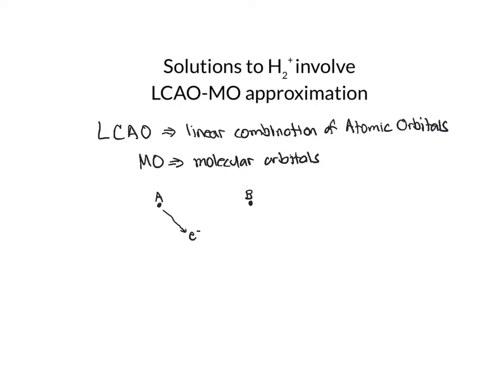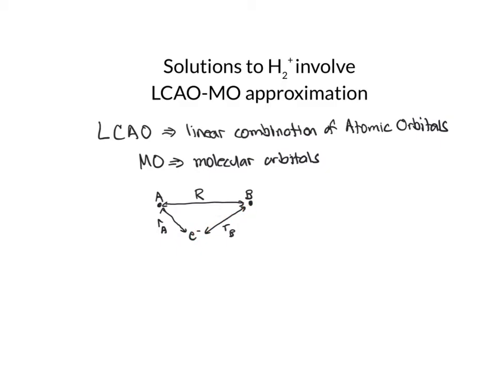This electron can be a distance RA from nucleus A, and a distance RB from nucleus B. Remember that we're going to use the Born-Oppenheimer approximation, so this AB distance stays fixed at R. So we could think of this as either the electron is part of nucleus A, in which case we just have a wave function for the hydrogen atom A, or this electron is part of nucleus B, in which case we just have a wave function for a hydrogen atom at position B. And so our actual wave function is some combination of the electron just being on A and the electron just being on B.